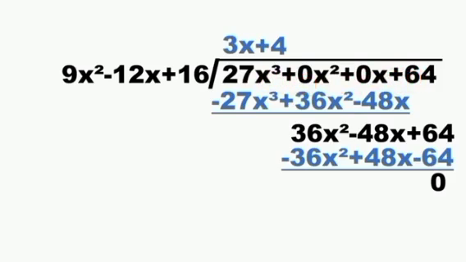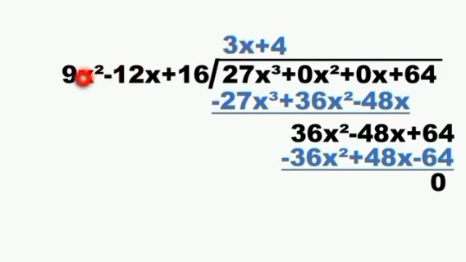And in dividing, you have to divide the first term of the dividend by the first term of the divisor. First, we divided 27x cubed by 9x squared, and the answer is 3x.